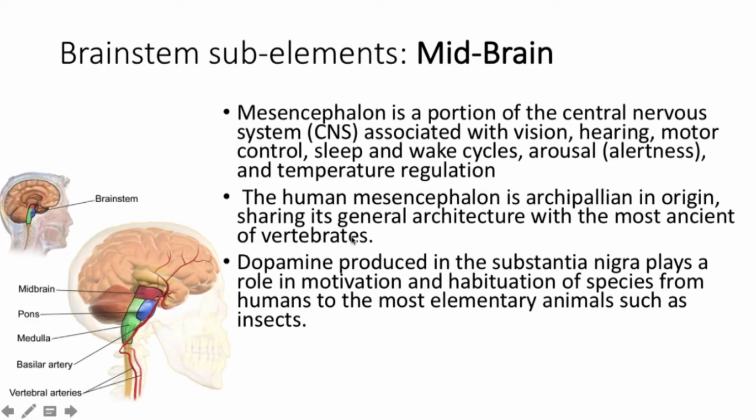And a very important region in the midbrain, where we have the substantia nigra, creates dopamine, and that plays a role in motivation and habituation of species, from humans to the most elementary animals such as insects. So that is one of the important sources from the midbrain onwards, the dopamine production. So that's the importance of the midbrain.